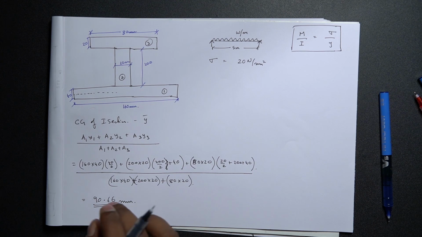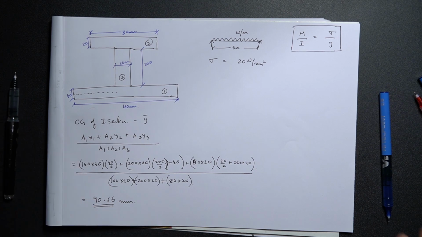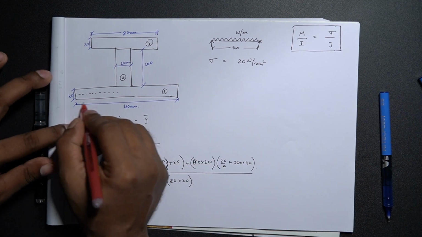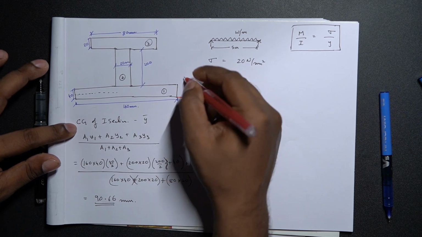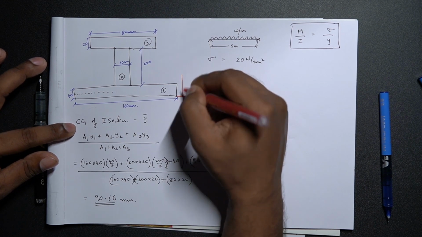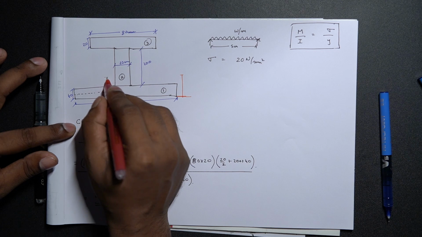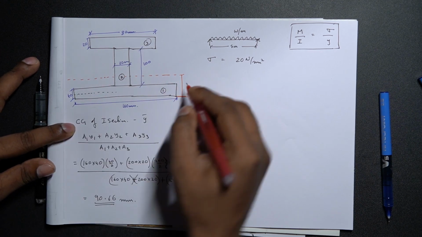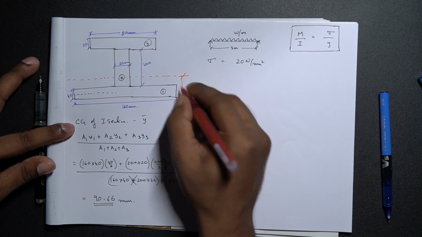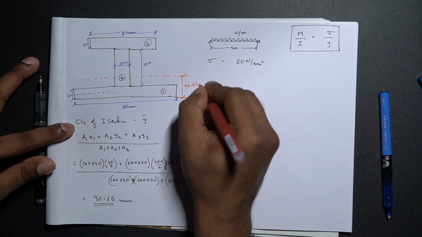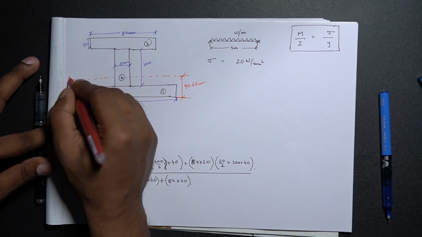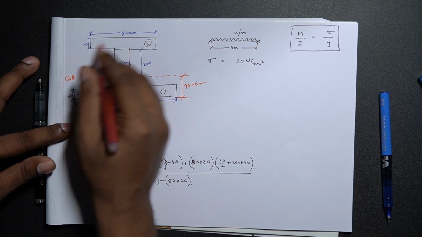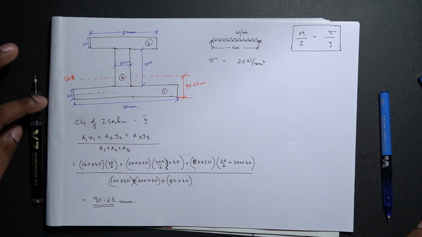So, at 90.66 mm from the bottommost fiber, that is from this point, let's say somewhere over here, at this point we have our center of gravity for the entire asymmetrical I section.